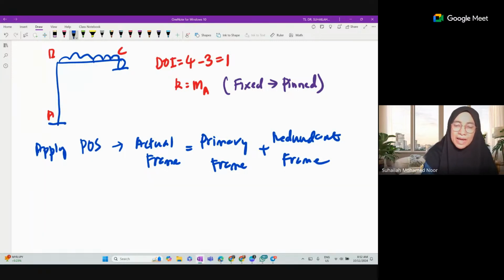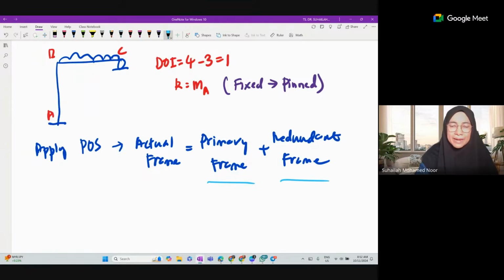So we will have two determinate frames to be analyzed. One is called the primary frame and the other is called the redundant frame.